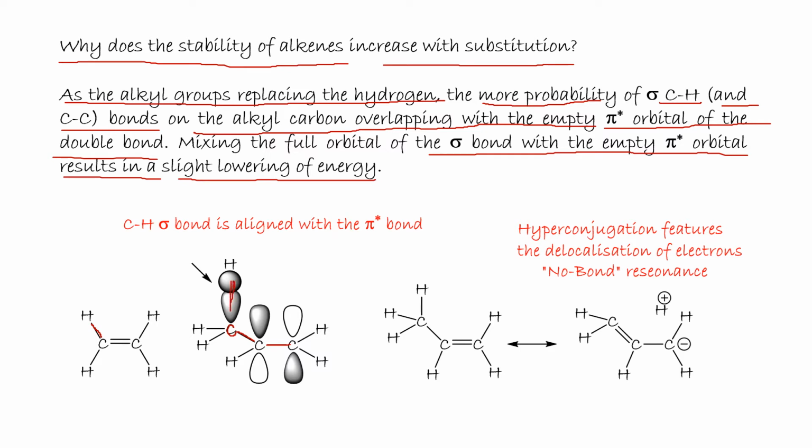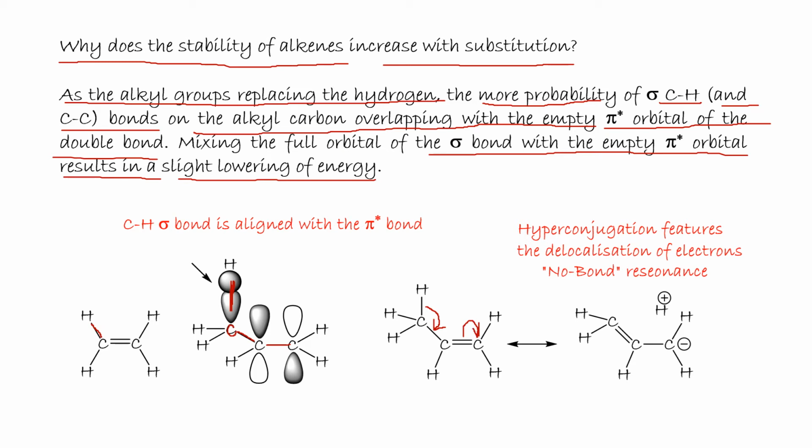This CH bond has 2 electrons delocalized or mixed with the empty pi-star orbital of the double bond carbon. We can imagine that the H is out, and here is double bond, and this break for this carbon to carry negative charge.